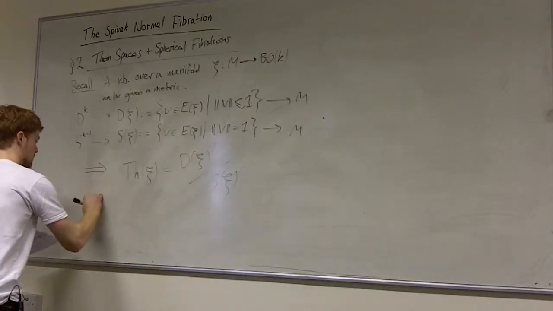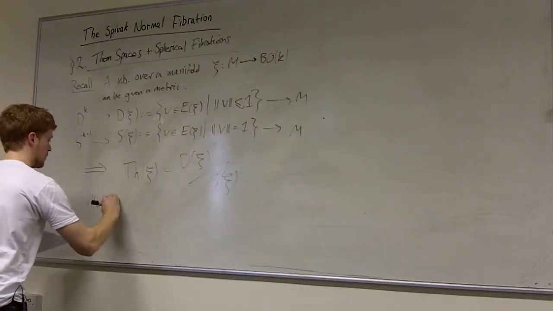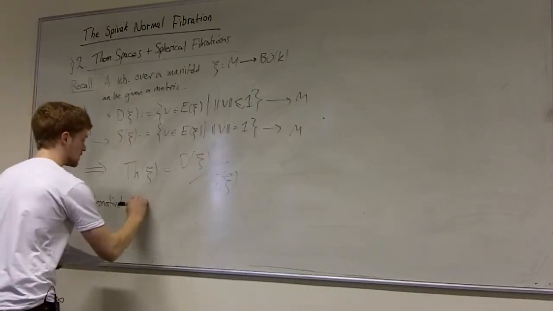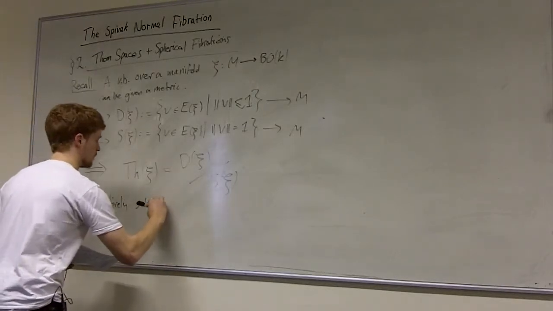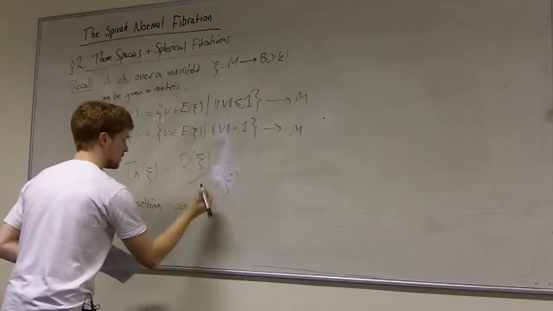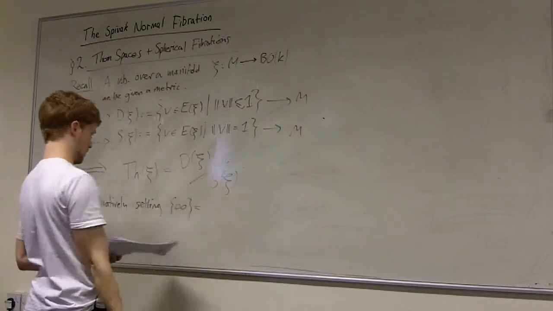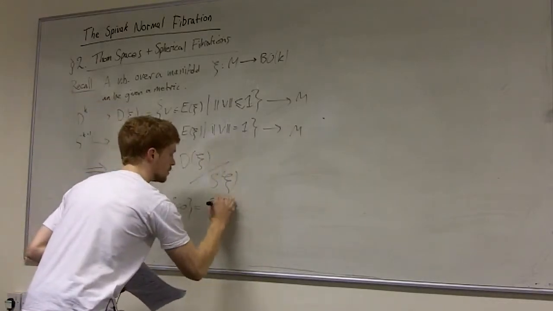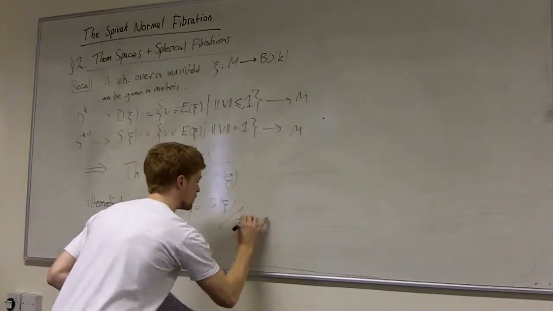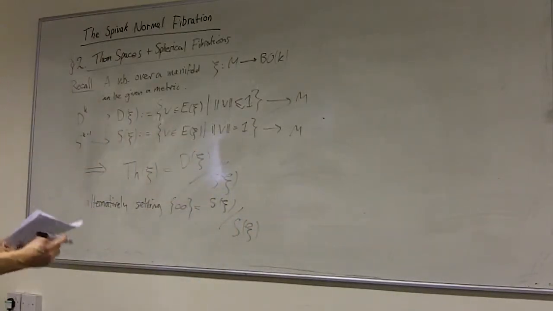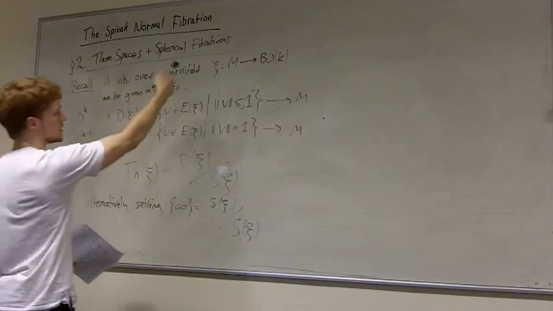So alternatively, and I think both are extremely useful to have in mind, setting the point infinity to be the sphere bundle quotient sphere bundle, we can see that the Thom space is the point compactification of the vector bundle itself.